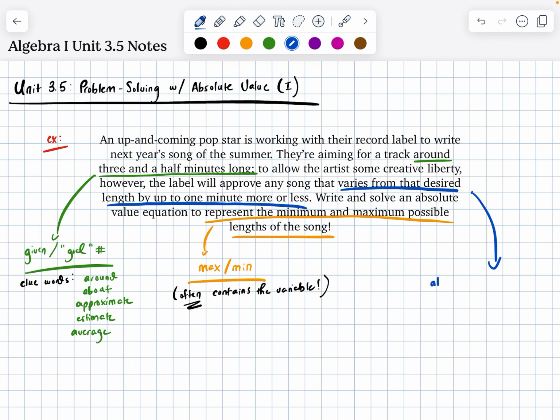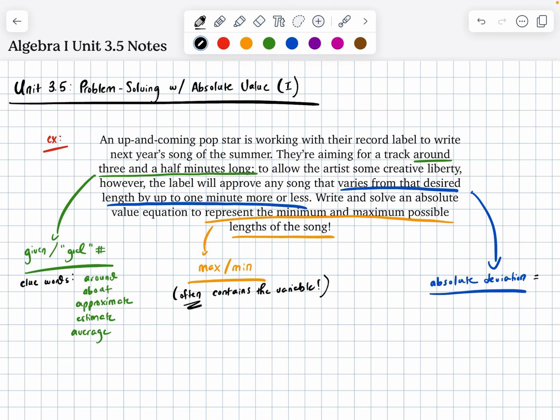In the context of these problems, we're going to call this our absolute deviation. Now, the word absolute shouldn't surprise you. We're working with absolute value. The word deviation, what does it mean to deviate? Well, if something is deviating, it differs a little bit from what you would expect.